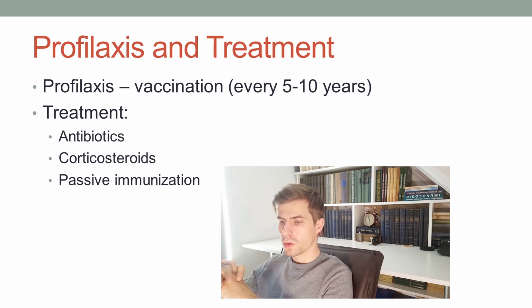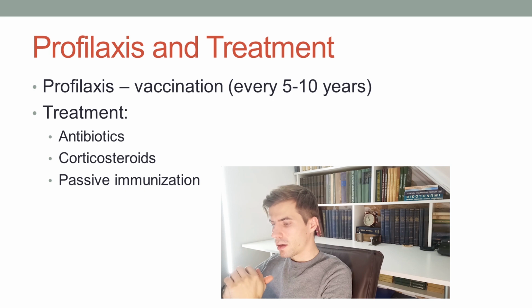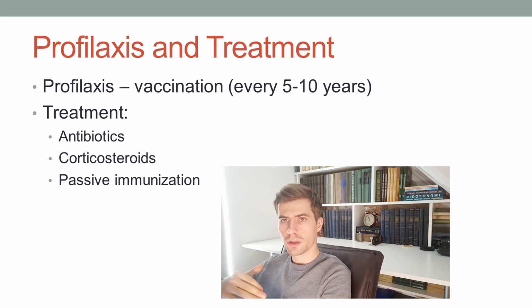Passive immunization means the introduction of homologous or heterologous serum, immune serum. That means the introduction, intravenously or intramuscularly, of immunoglobulins produced in humans or in animals. Usually they are produced in cattle or in horses.